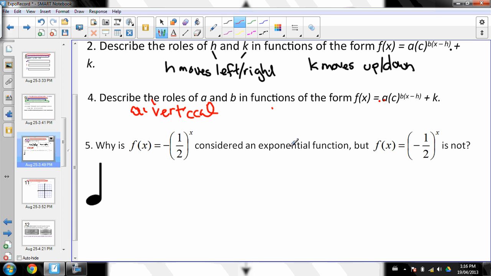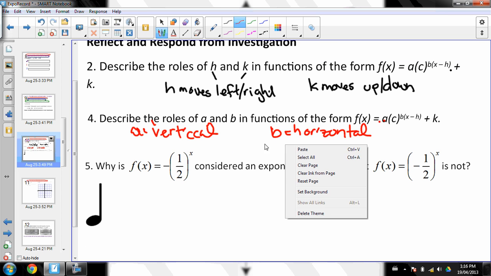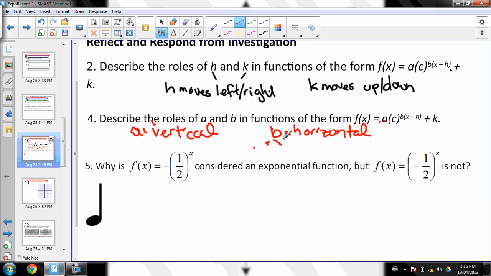And b here is your horizontal stretch. Remember that with your a's and b's, for b, you are actually going to multiply your values by 1 over b, not simply b.